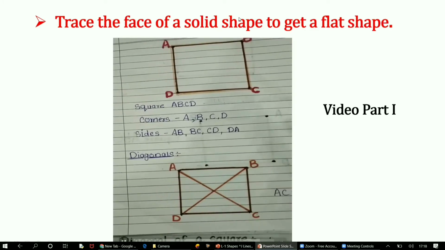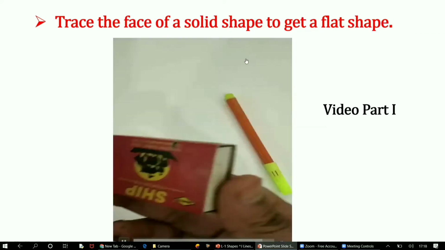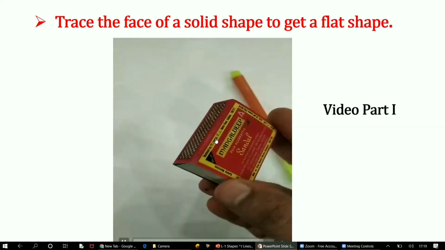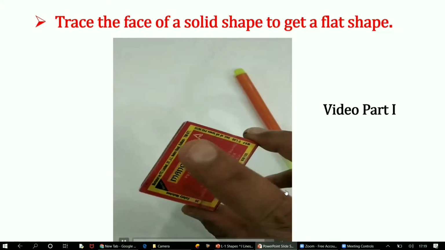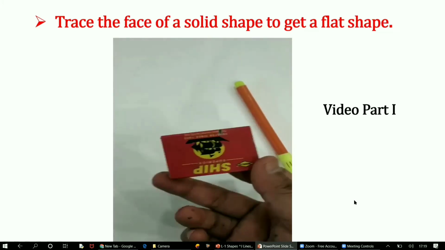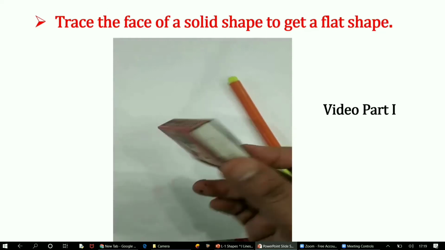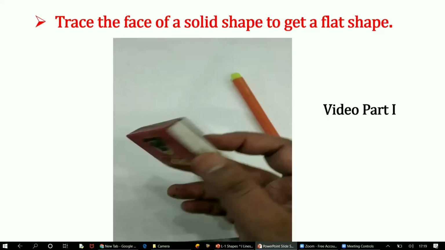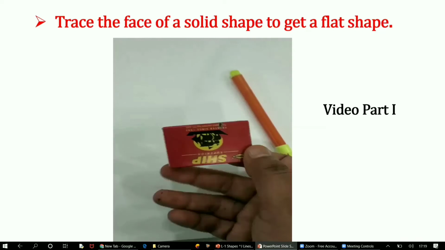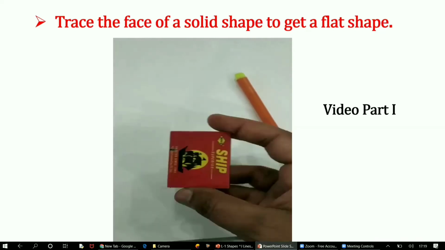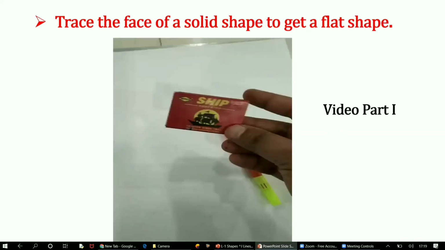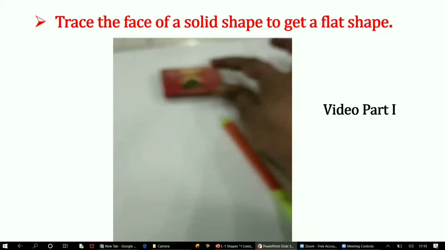Now let's see what we will get when I trace the flat face of this matchbox. It is an example of cuboid. Let's see what we will get after tracing this cuboid.